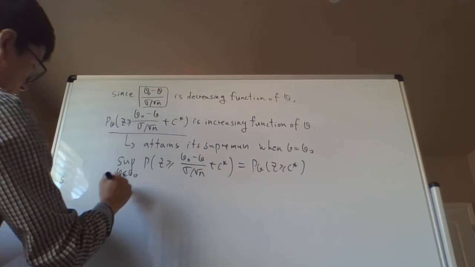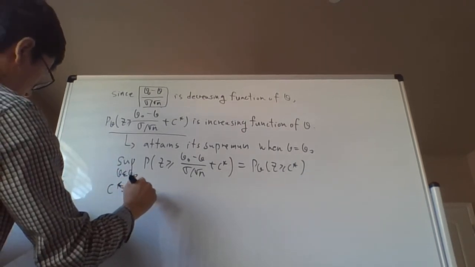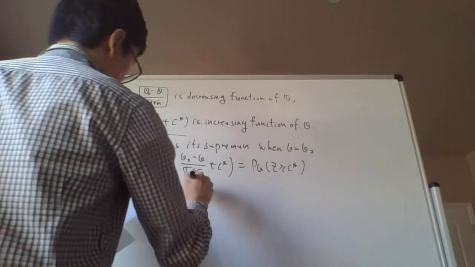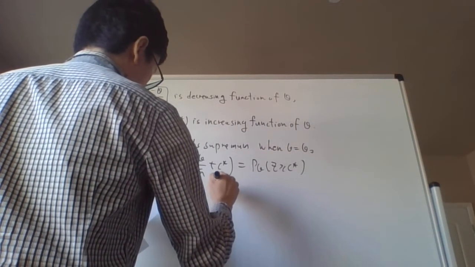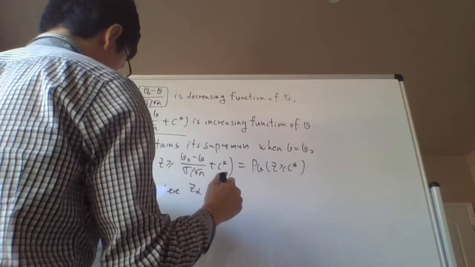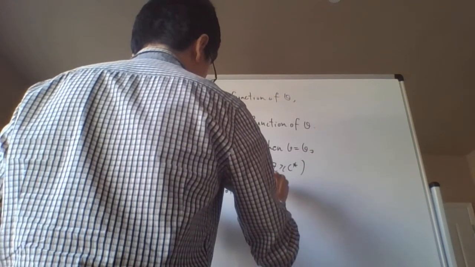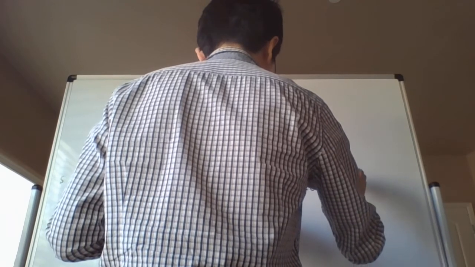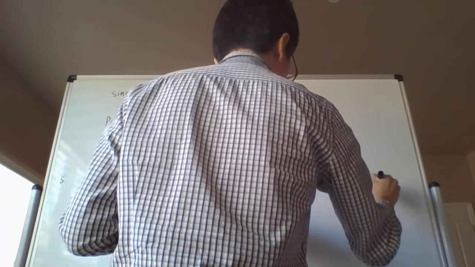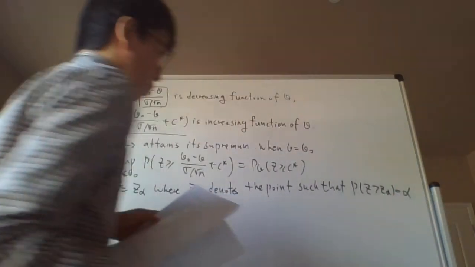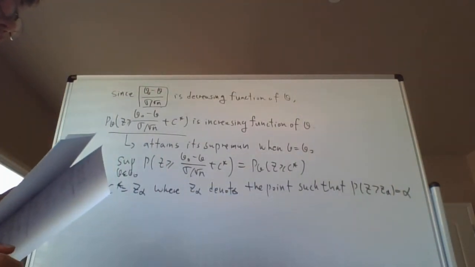And we choose c star equals z alpha, where z alpha denotes the point such that the probability that z is greater than z alpha is equal to alpha.